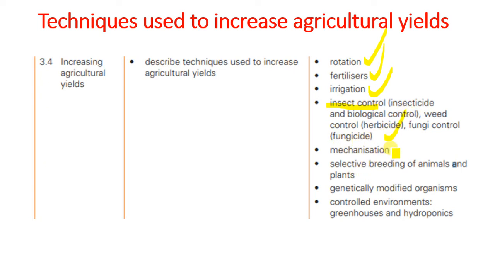Then mechanization, selective breeding of animals and plants, genetically modified organisms, and we also look at controlled environments like the greenhouse and hydroponics. Now these are the methods used to increase agricultural yield. So if you are just asked to state methods used to increase agricultural yield, this is all you need to write down. But however, let's describe them individually.